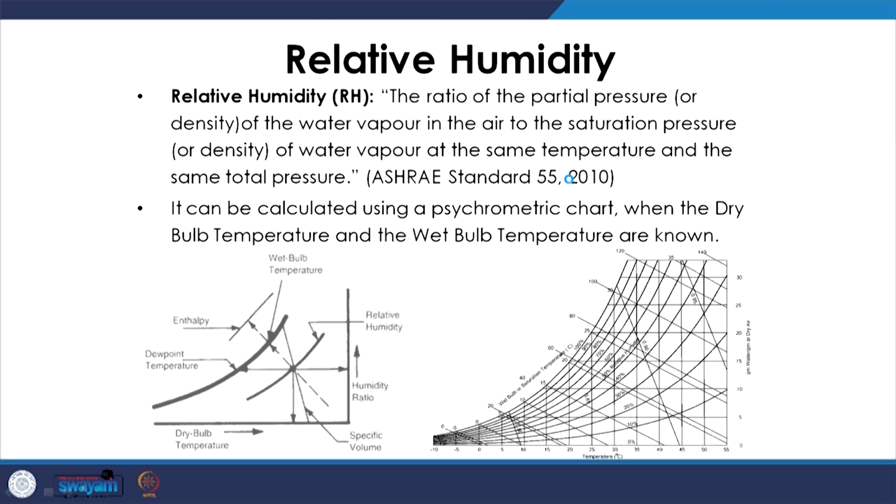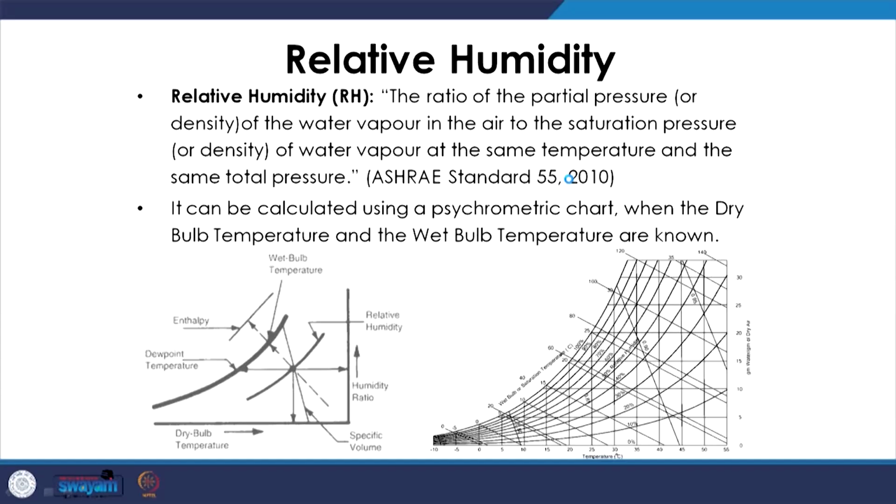Now, the second quantity is relative humidity. Relative humidity is the ratio of the partial pressure or density of the water vapor in the air to the saturation pressure of water vapor at the same temperature. We very clearly know that as the temperature of the air increases, it can hold more moisture.